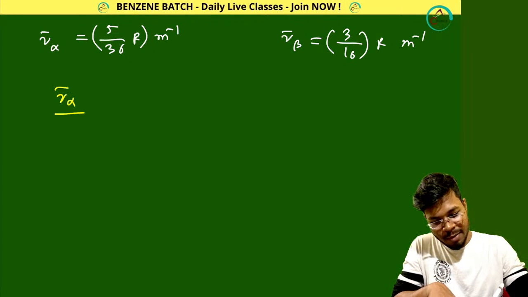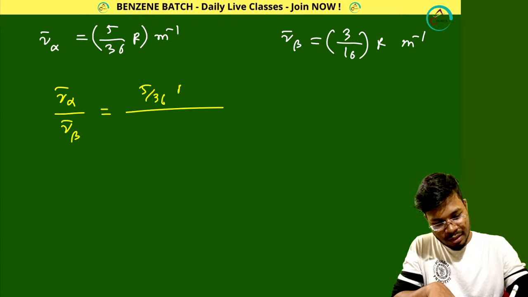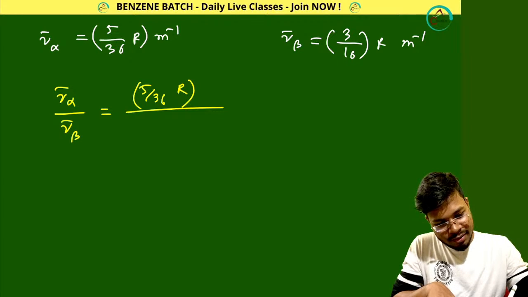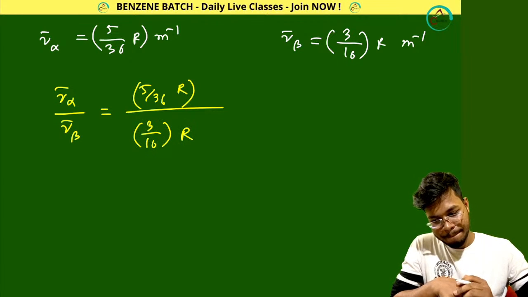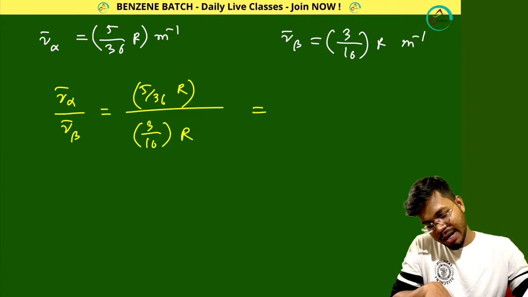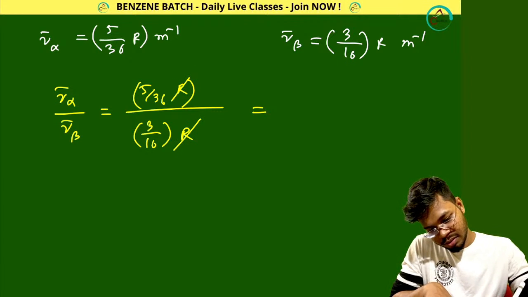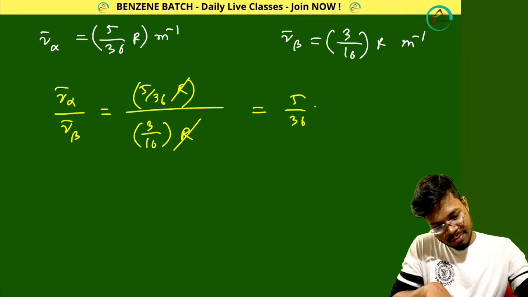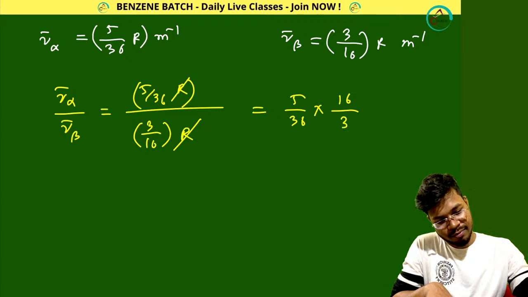Nu bar alpha divided by nu bar beta, 5 by 36 R and 3 by 16 R. Perfect. That's all. What will I be getting? If I do the calculation, R will get cut. So 5 by 36 multiplied by 16 divided by 3.